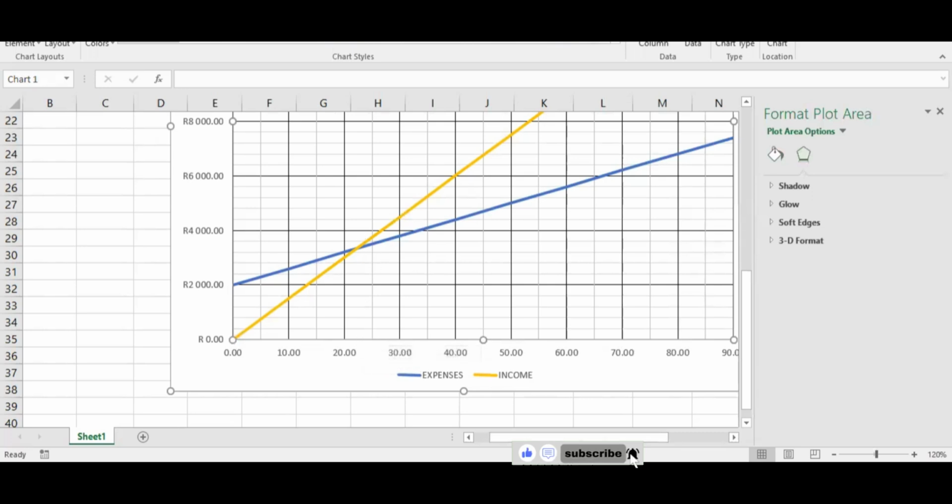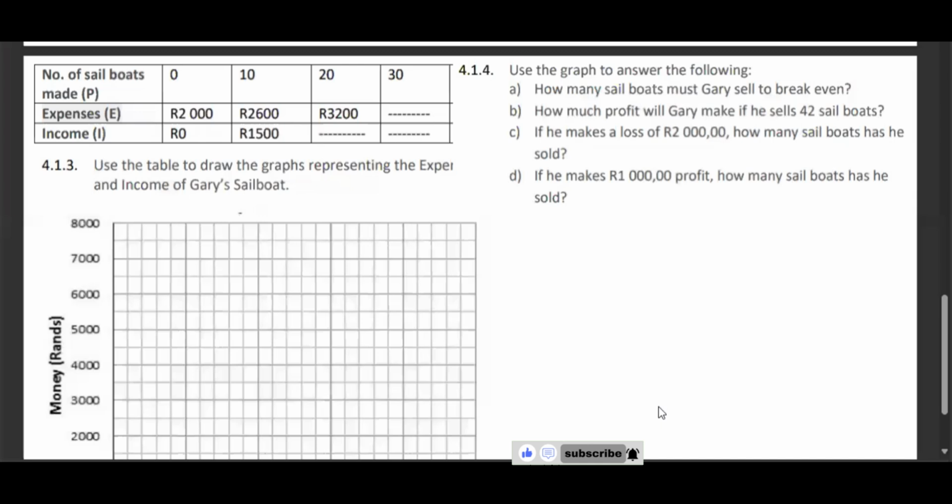So it's around 23, 24, because it's not clear when you look at it. So here we shall be ranging from 23 to 24.